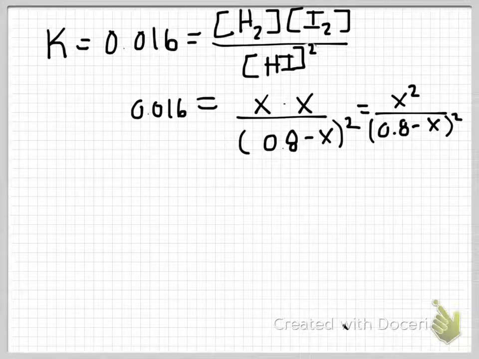Now we need to look into the algebra to solve this expression, because the whole idea is to figure out what x is going to be, what our equilibrium concentration is going to be.